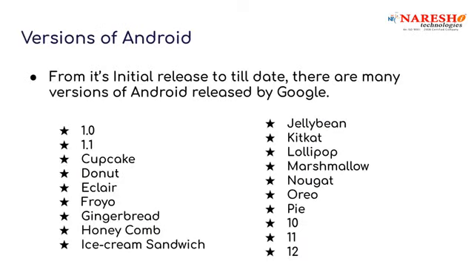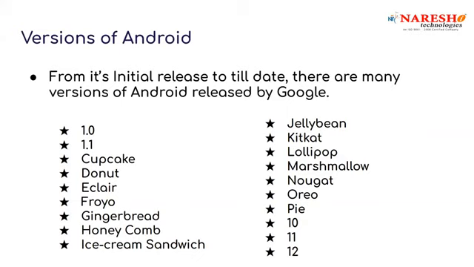From its initial release, Android has been released in multiple versions till today. After 1.0, 1.1 was also given as an update. After that, Google started giving its versions code names. So we have Cupcake, Donut, Eclair, Froyo, Gingerbread, Honeycomb, Ice Cream Sandwich, Jelly Bean, Kit Kat, Lollipop, Marshmallow, Nougat, Oreo, Pie.